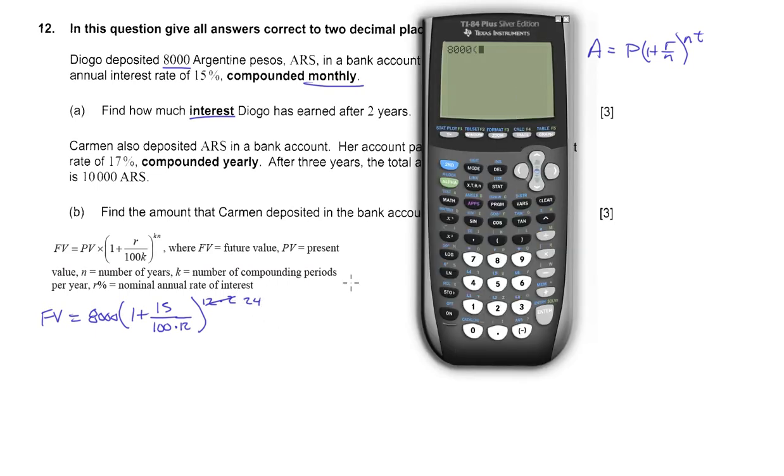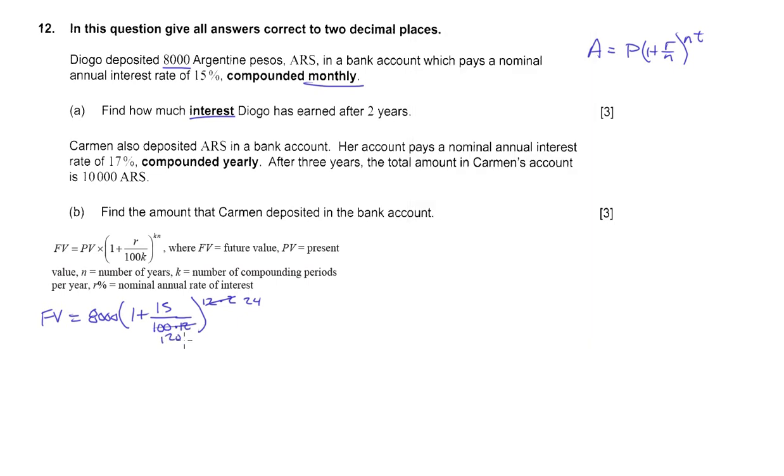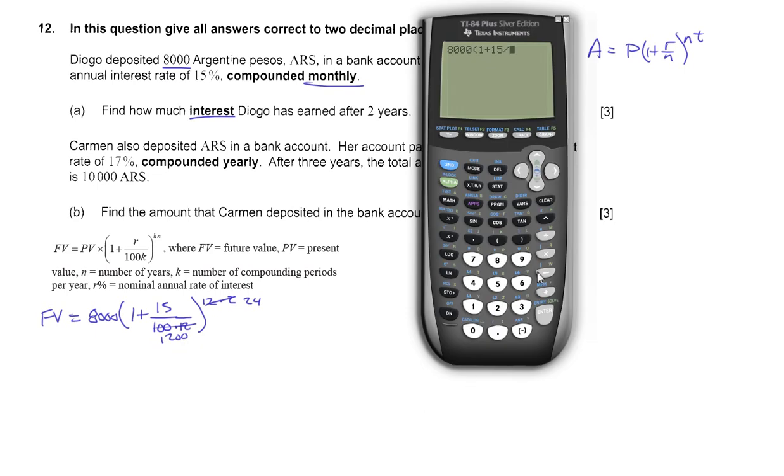So we do 8,000 times 1 plus 15 divided by 100 times 12. Let's multiply this one out here first as well. That's going to be 1,200. So 15 divided by 1,200.